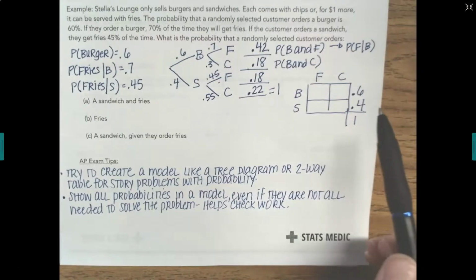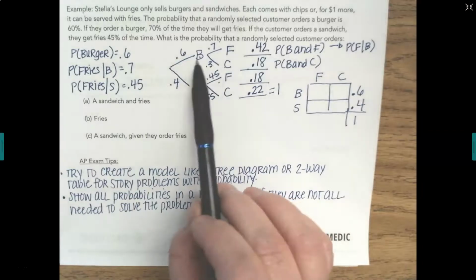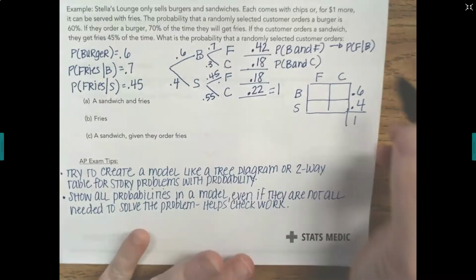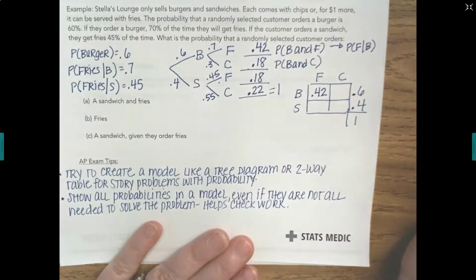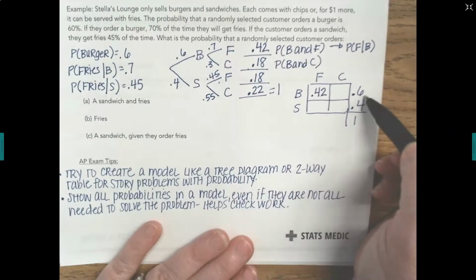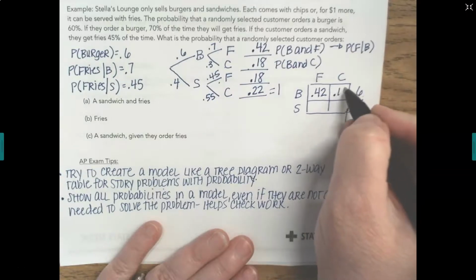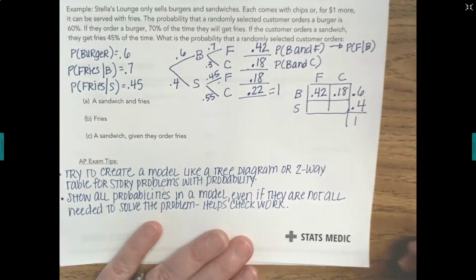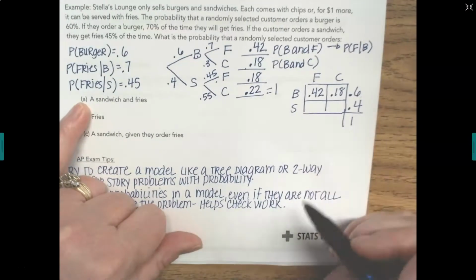Okay, now when we look, we have burgers and fries, which we did right along here, for 0.42. So if this is 0.42 and this is 0.6, that means burgers and chips is 0.18. All right, then we had fries and sandwiches.